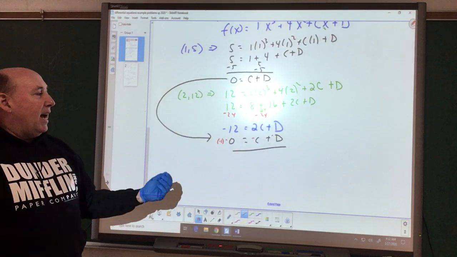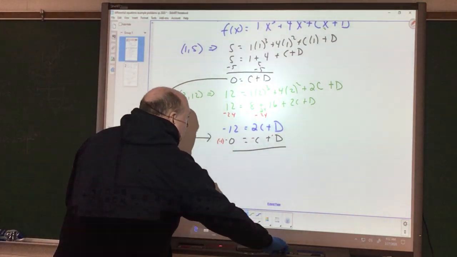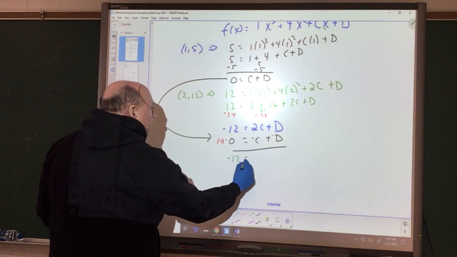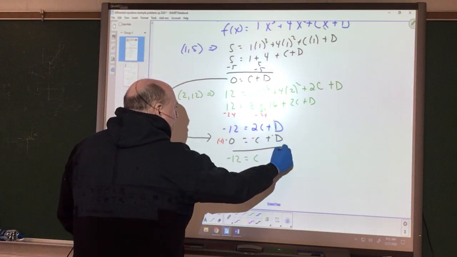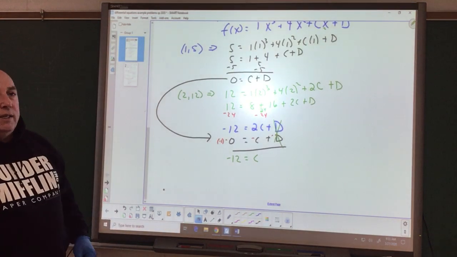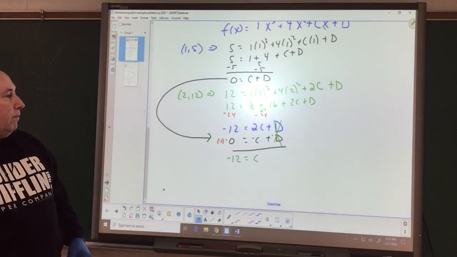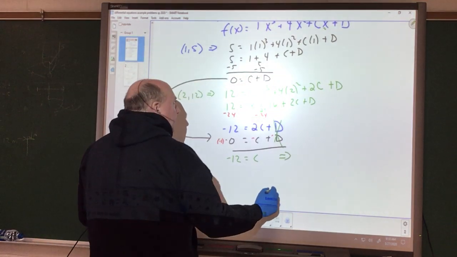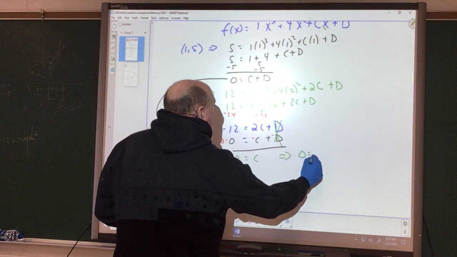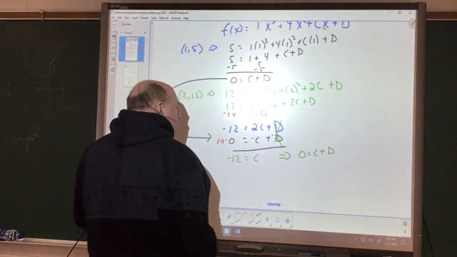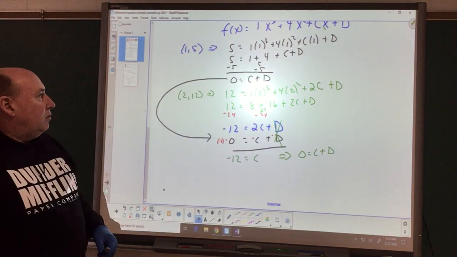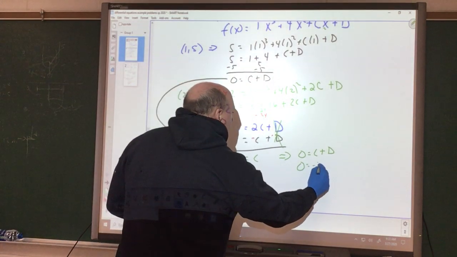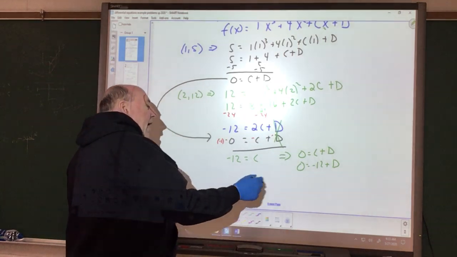Now if we add down our values, what we are left with is negative 12 is equal to c, and the d's go bye-bye. So c is equal to negative 12. This then will lead us to 0 is equal to c plus d. So c is negative 12 plus d, adding 12 to both sides, d is equal to a value of 12.